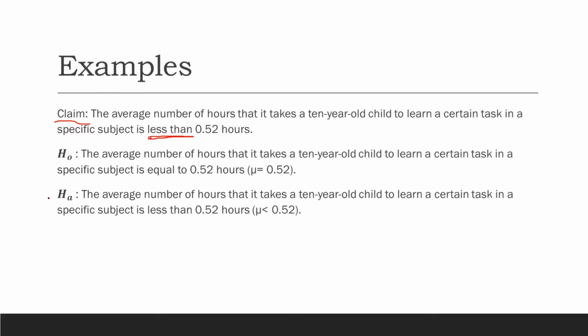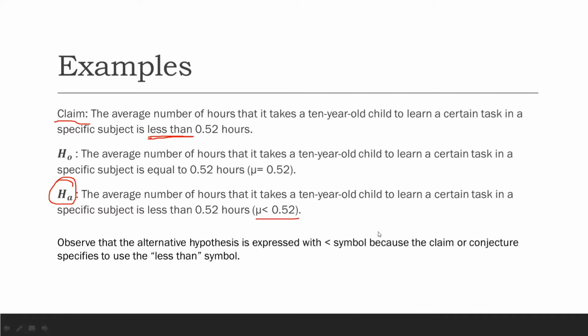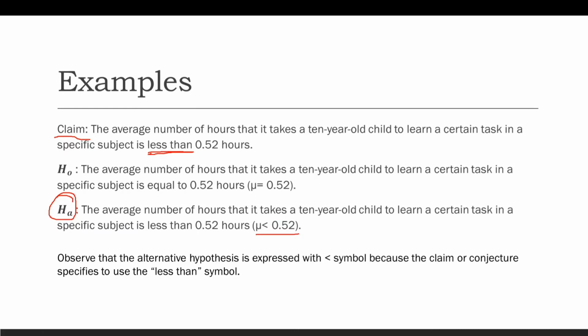So, kaya yung ating alternative hypothesis is mean is less than 0.52. So, observe the alternative hypothesis is expressed with less than symbol because the claim or conjecture specify the use of the less than symbol. Now let's move to types of tests.